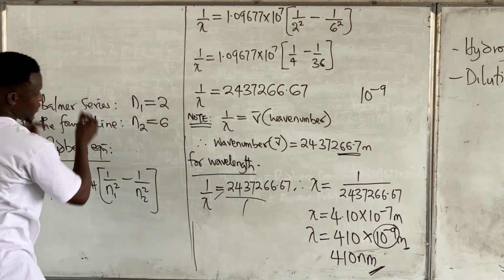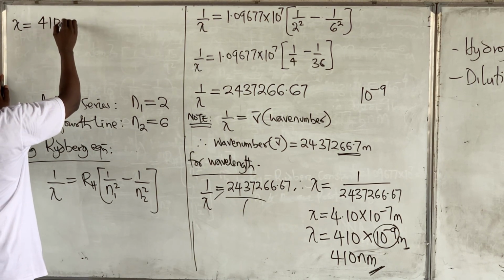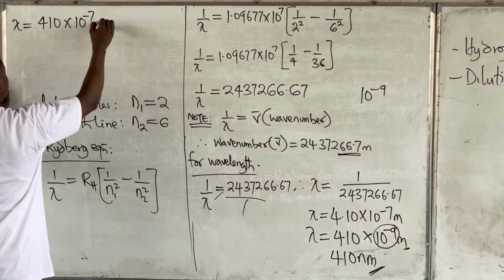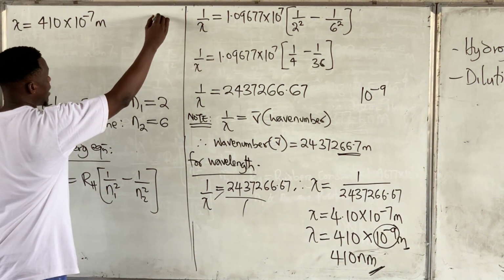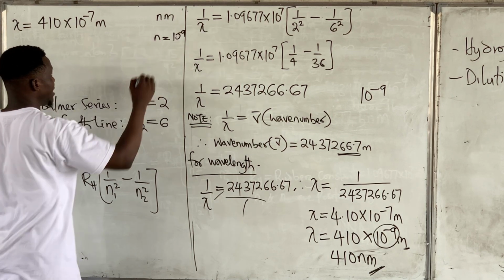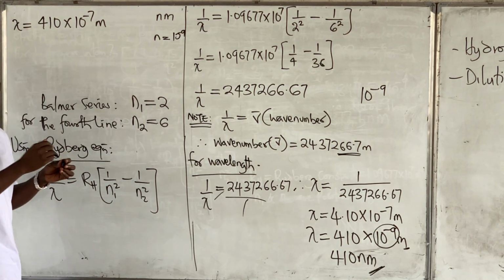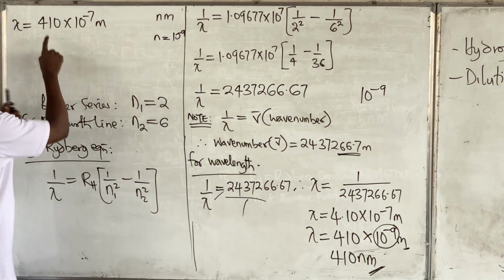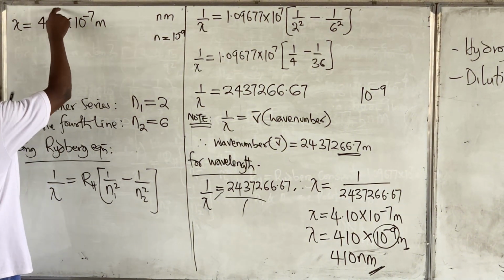So this is what I mean. We got our wavelength to be 410 times 10 raised to the power of -7 meters. And I said wavelength is best represented in nanometer, and nano has a value of 10 raised to the power of -9. We already have -7 here. So what will I do to this guy to make it 9? There is a point here. I'll move this point 2 places forward.